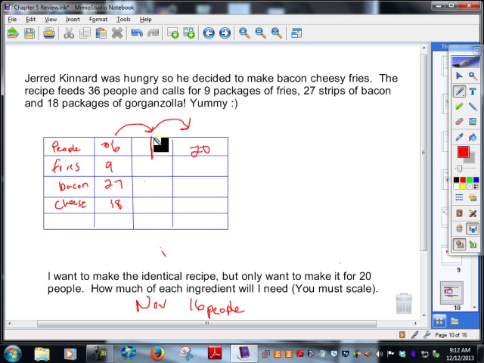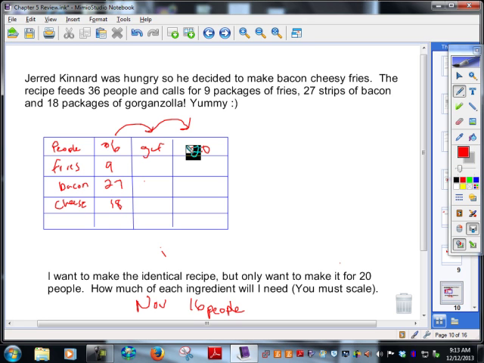It's going to be hard to handle, trust me. So what I want you guys to get in the habit of is whenever you're scaling, I want this number right here to be the GCF. That is what I want you guys to see: the greatest common factor of where you are now and where you're going.